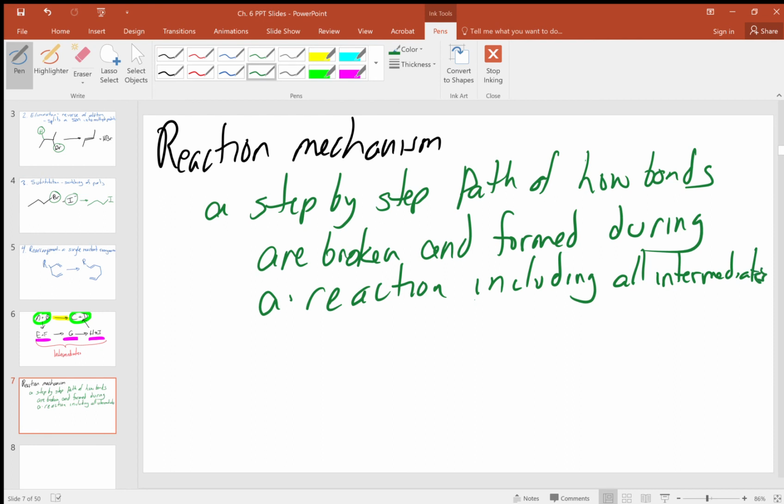All right, so why do we care? Why do we need to learn about these mechanisms? Well, from one point of view, it's the mechanisms that truly help us to understand what's going on in the reaction. There are cases where we could show 2 or 3 or sometimes even more reactions that will do the same thing.